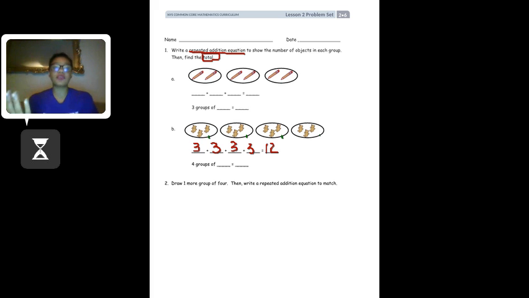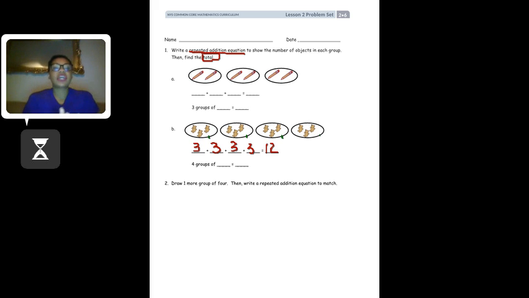And just like I said in question A, you could have done this with skip counting, or you could have counted them individually one by one. If you skip counted, you would have done 3, 6, 9, 12. Or you could have just counted them out: 1, 2, 3, 4, 5, 6, 7, 8, 9, 10, 11, 12 teddy bears in all.